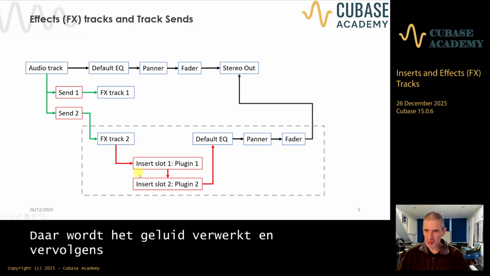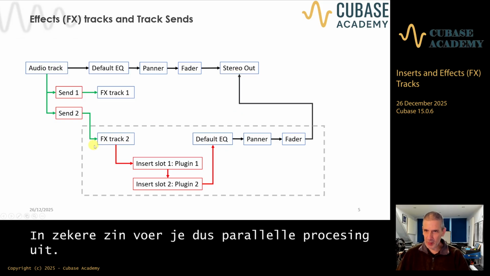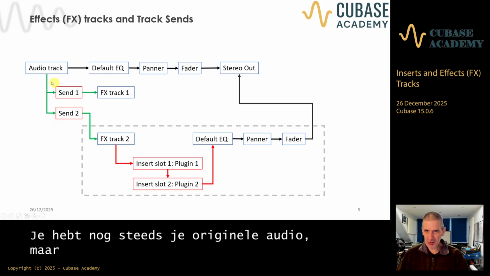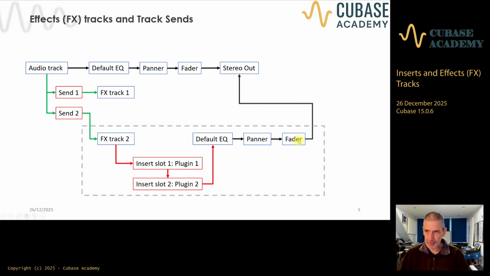There the audio is processed, and then it is routed back to the stereo out. So in a sense, you are doing parallel processing. You still have your original audio, but you also have your processed audio. And that can be mixed together by moving the fader.